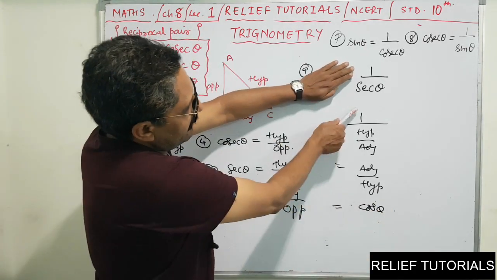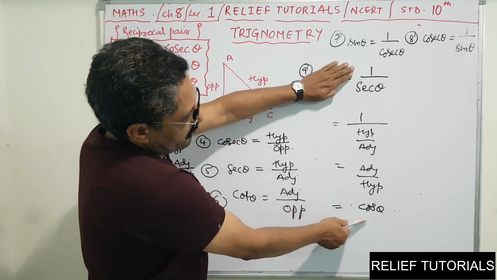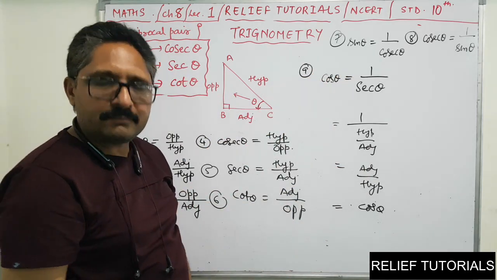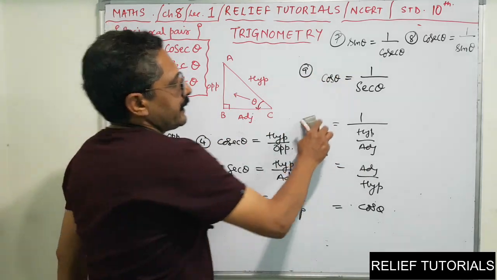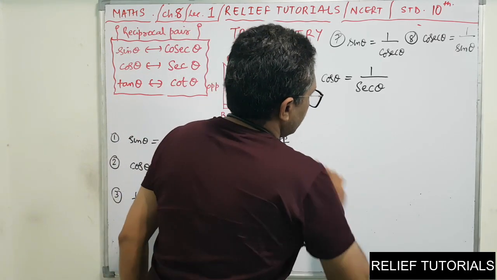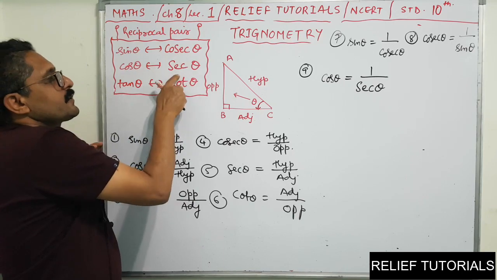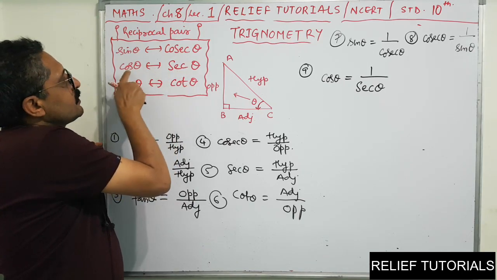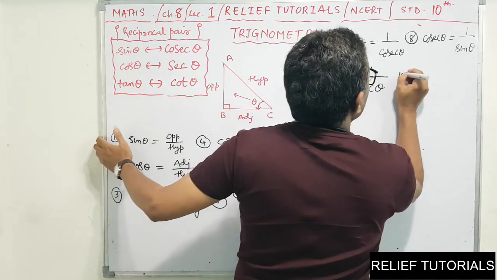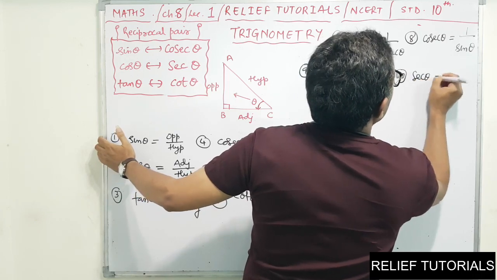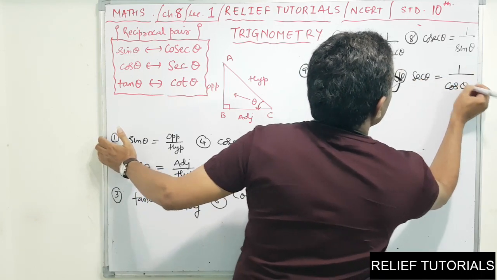So 1 upon sec theta is equal to cos theta. So they are a reciprocal pair. Similarly, sec theta is equal to 1 upon cos theta.